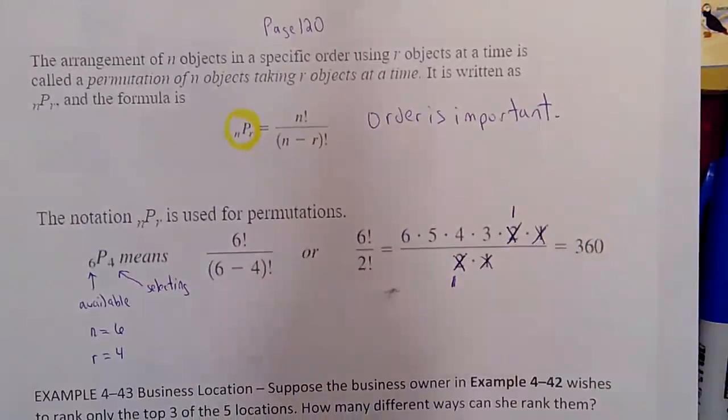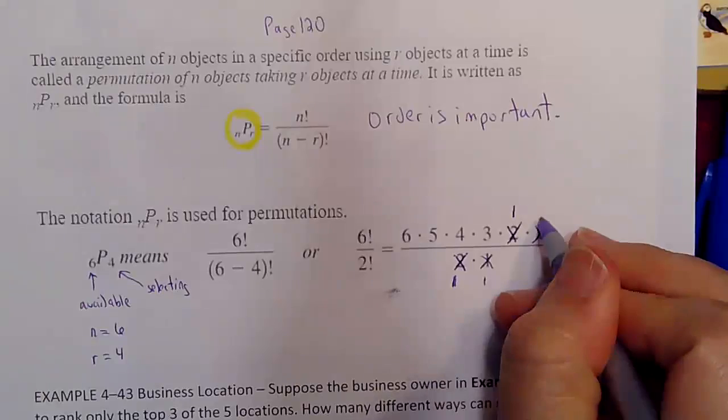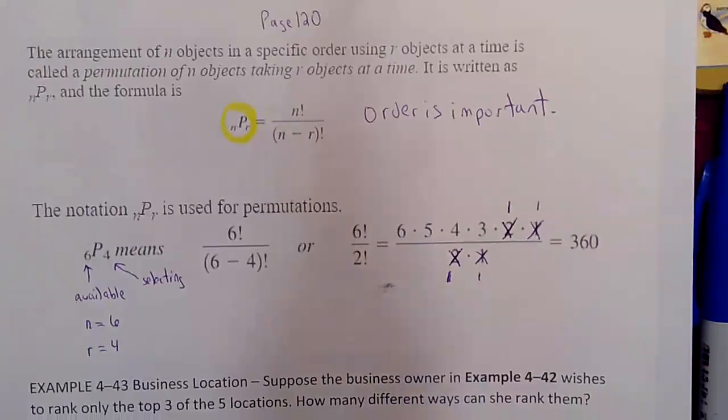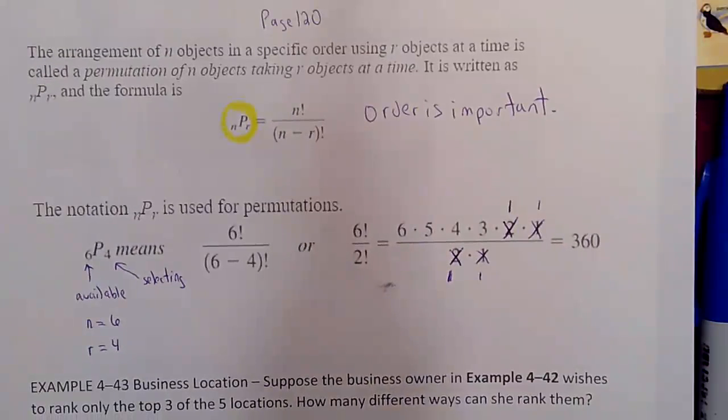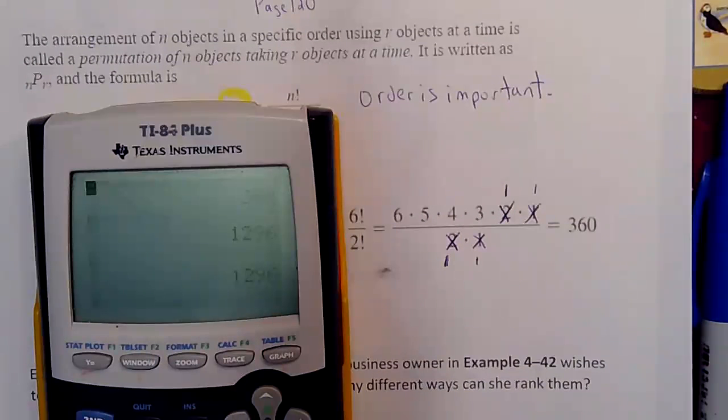So those just fall out, become ones. So really you just have 6 times 5 times 4 times 3, which looks like 360.